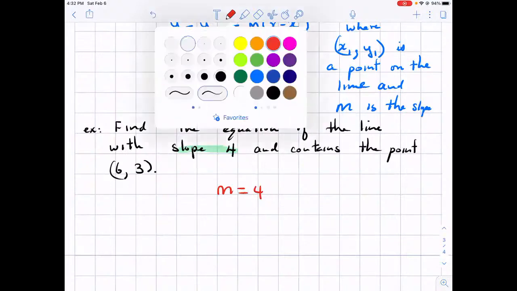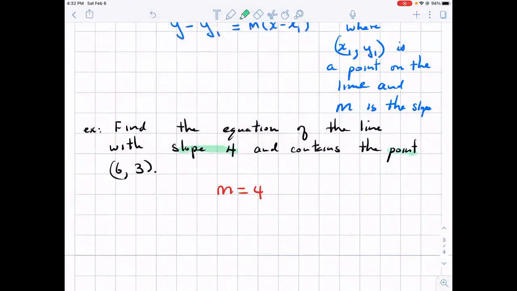And also we have a point, okay? We have a point (6, 3). Notice that this is not a y-intercept. For it to be a y-intercept, the x value has to be 0.